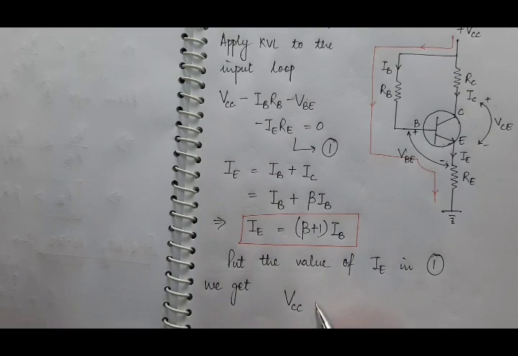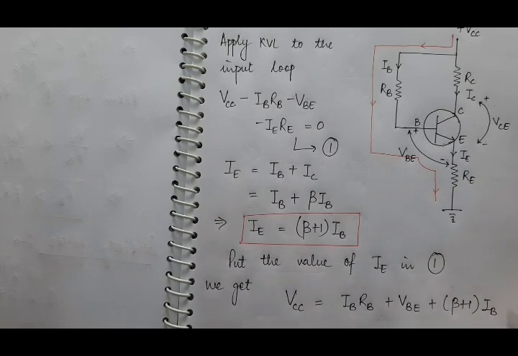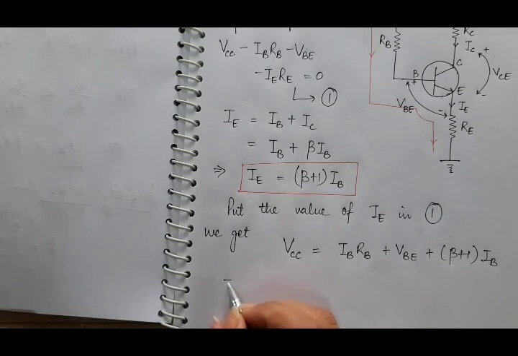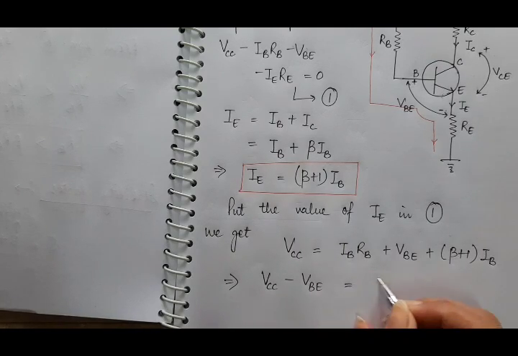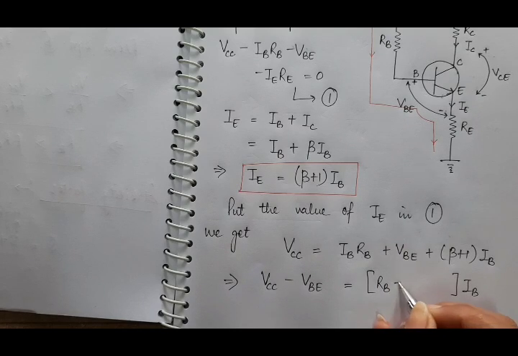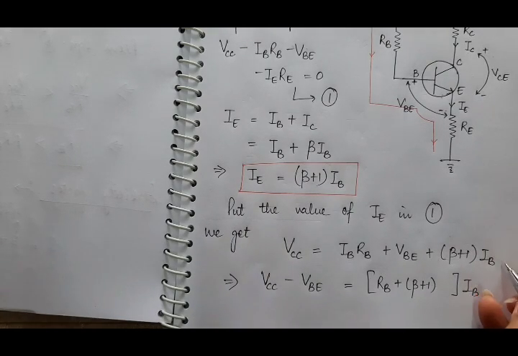VCC is equal to IBRB plus VBE plus beta plus 1 IB RE. Find the value of IB. How? Move this VBE to this side. So VCC minus VBE is equal to, take IB common, RB plus beta plus 1 RE.